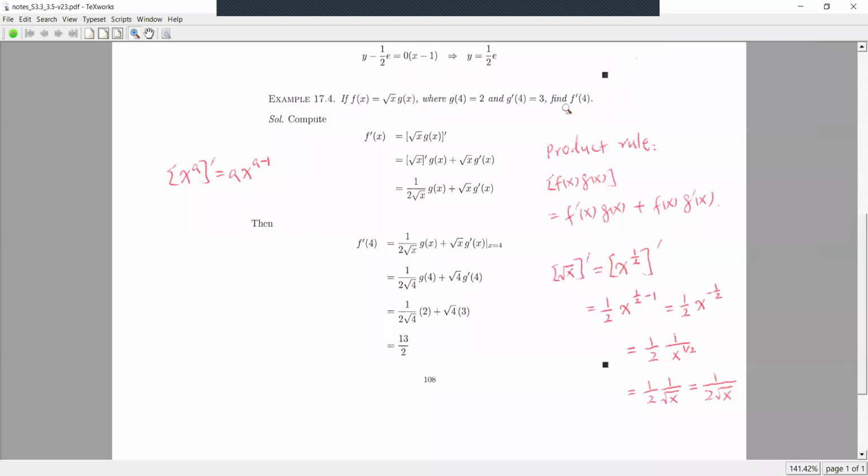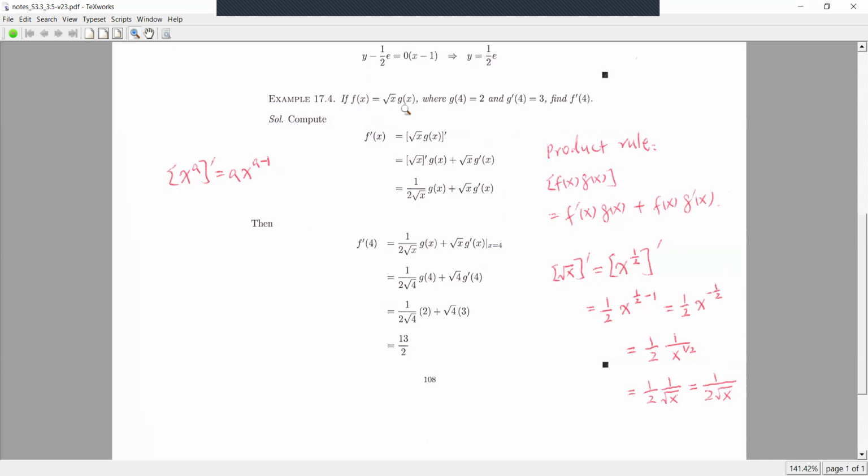To find the derivative of f at the point 4, we first compute the derivative of f at the point x, because all the differentiation formulas are about derivatives at the point x. After we get the derivative of the function f at x, plug in 4 for x to get the derivative of f at the point 4.